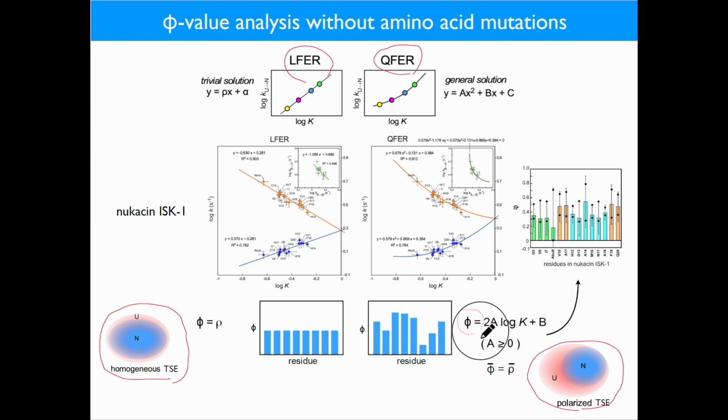The phi value is the tangent of the slope, and then we obtain this real data here. Unfortunately, the measurement error was not so small, so large errors prevented us from discussing in detail. But this slide shows you that phi-value analysis without amino acid mutations is possible.